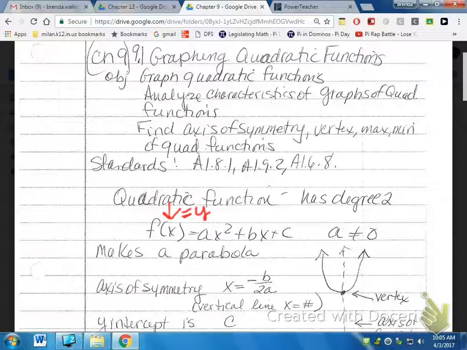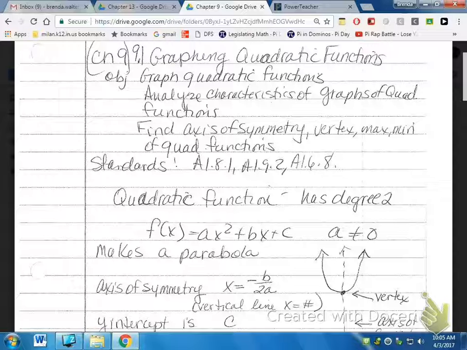And it is ax squared plus bx plus c, where a, b, and c are going to be numbers that we use for different things. I will tell you this, a can never be 0 because then there wouldn't be a squared term and it wouldn't be a quadratic function.